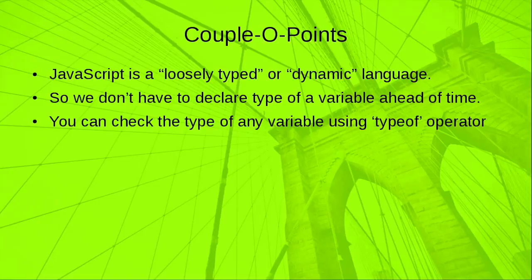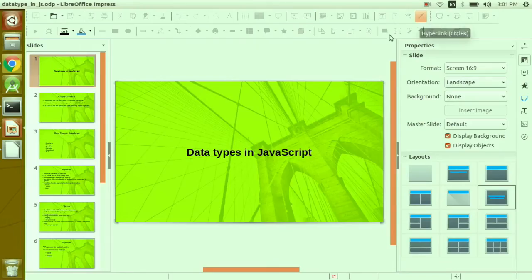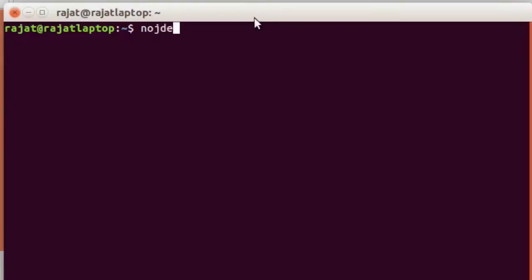If you want to have a practical look at what I'm talking about, let's just switch to Node.js and test it out. Okay, so let's suppose I want to store a value 42 in variable a. I can just write var a equals 42, and that is it.